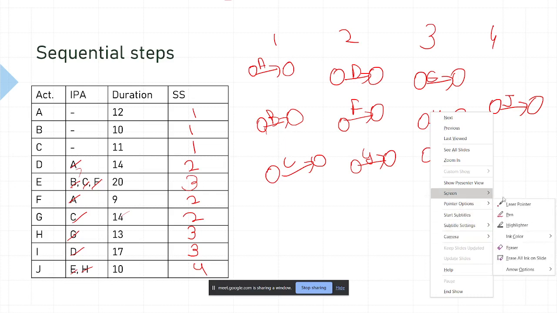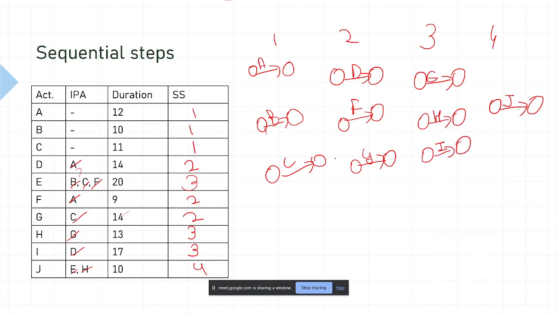Have I written it correctly? Anybody can cross check if possible. A, B, C, D, F, G, E, H, I, and J. Yeah, it seems fine to me. It should be okay, sir. Okay, what should be the next step? We have got them in sequential steps.